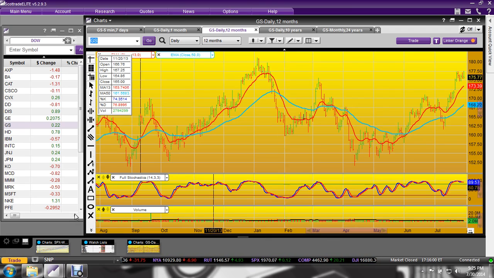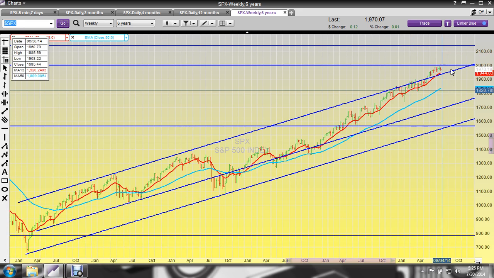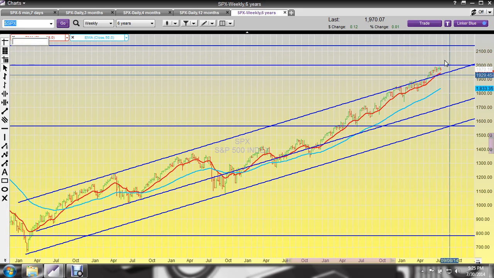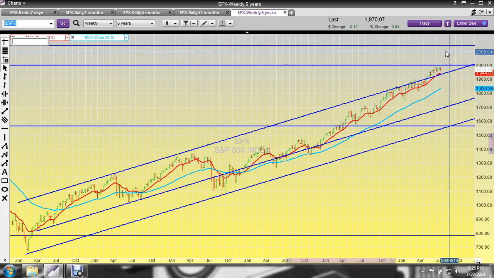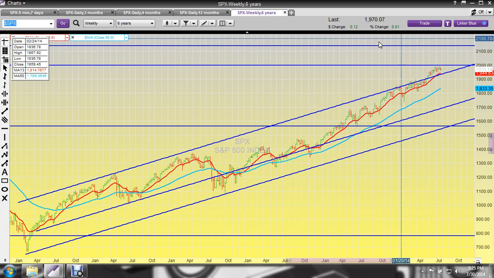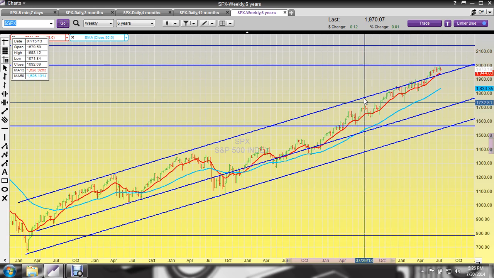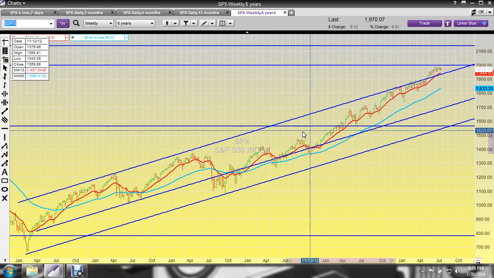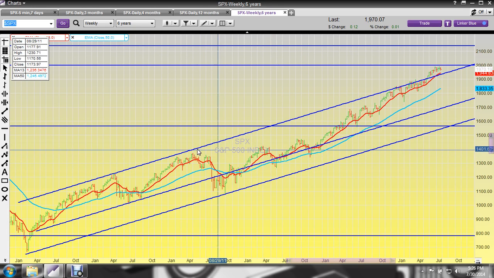Now, the fact that it's in this pattern often shows a potential for a larger drop, and this research, which has been fairly close in a lot of instances, coming up here, predicting significant drops off these tops.